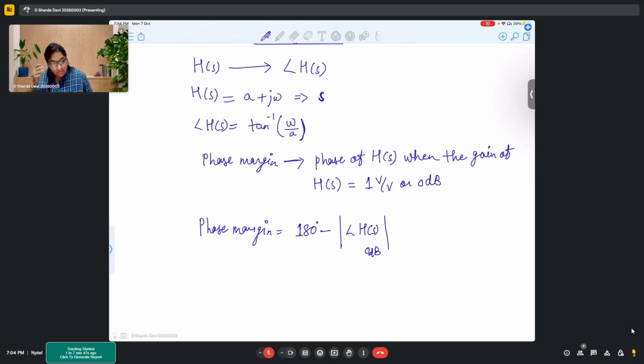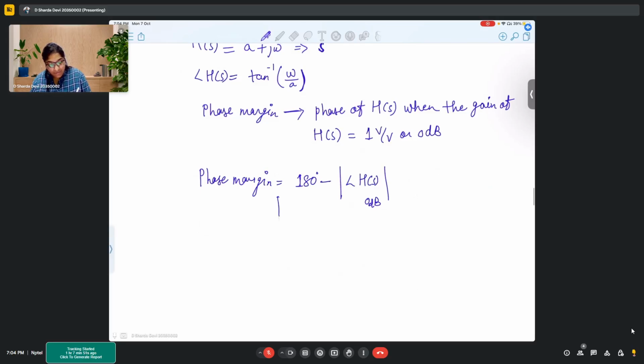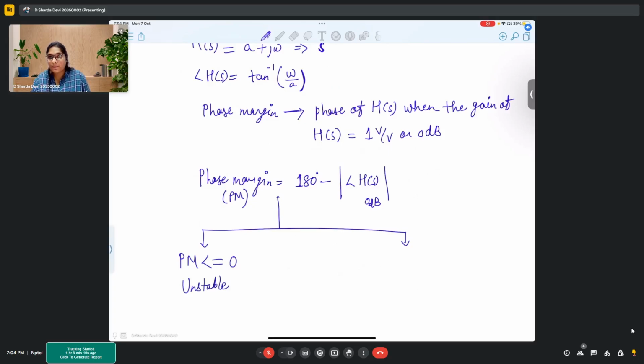Now, how do we define the stability? If phase margin, that is PM, is less than or equal to zero, we say the system is unstable. If phase margin is greater than zero, then the system is stable.